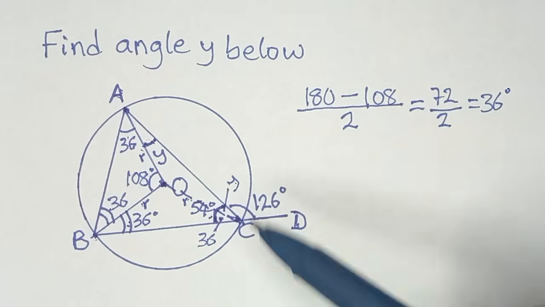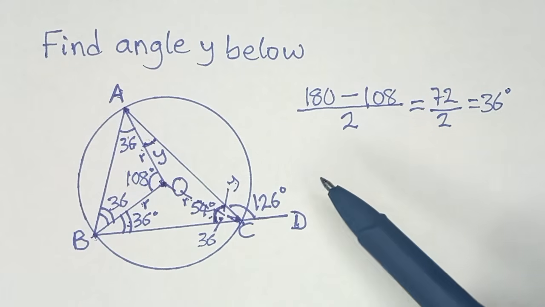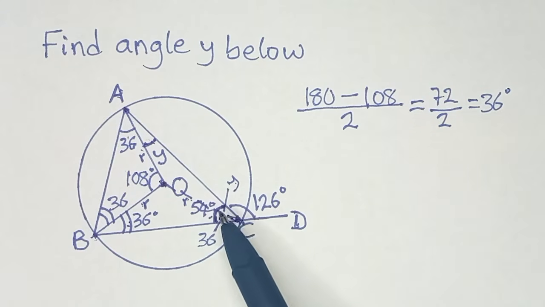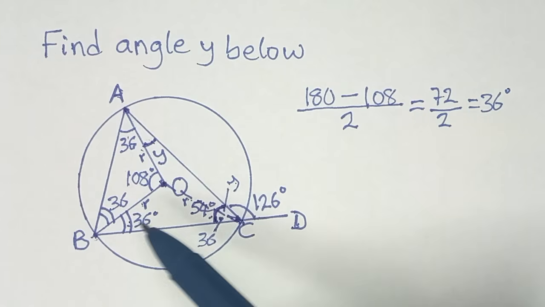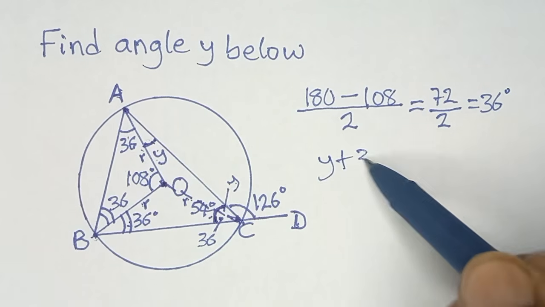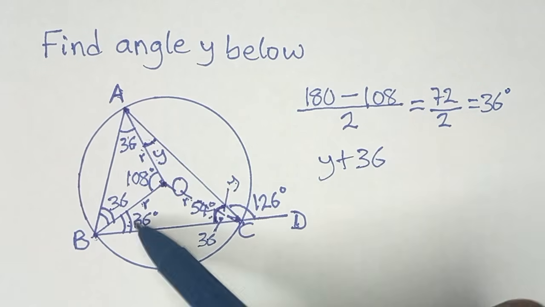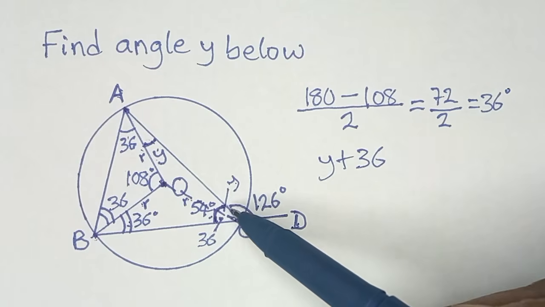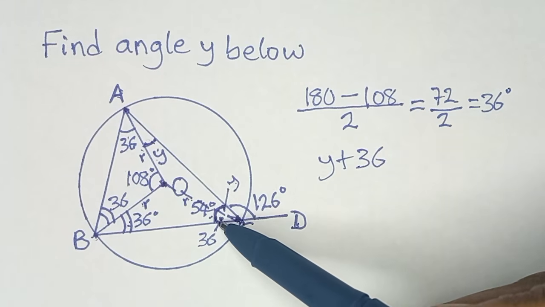So you now see that the short method I talked about earlier is that once you have the angle at the circumference at this top, you agree with me that the sum of these two angles now, which is simply y plus 36, the sum of these two angles, which is what I've shown here. You can see the two angles coming to this circumference as y and 36.